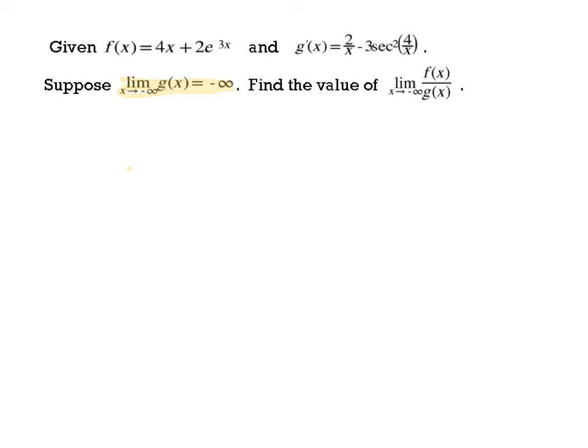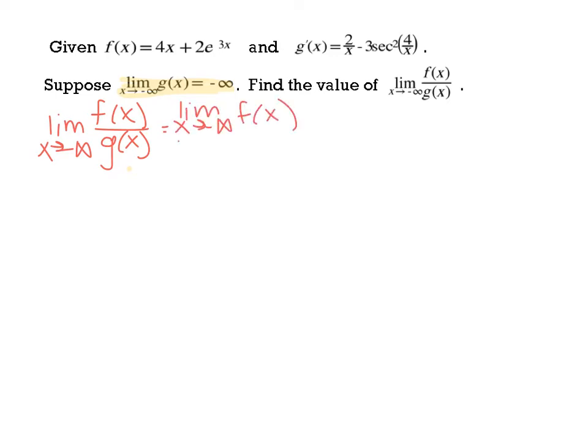Now they're asking us to find the limit as x goes to negative infinity of f of x over g of x. Just trying to remember some properties of limits. If we have the limit of a quotient like this, we can think of this as the limit as x goes to negative infinity of the top function over the limit as x goes to negative infinity of the bottom function.